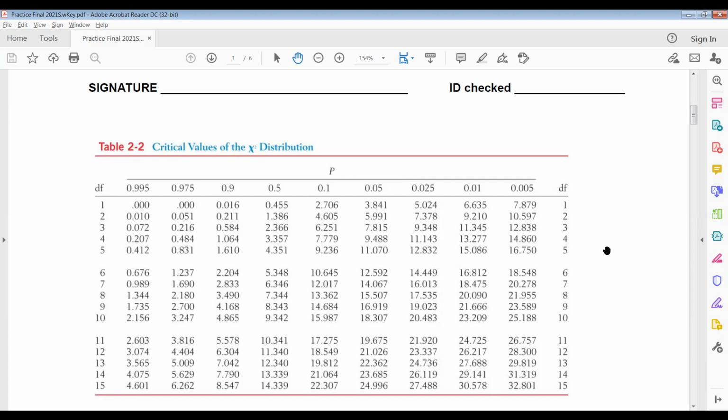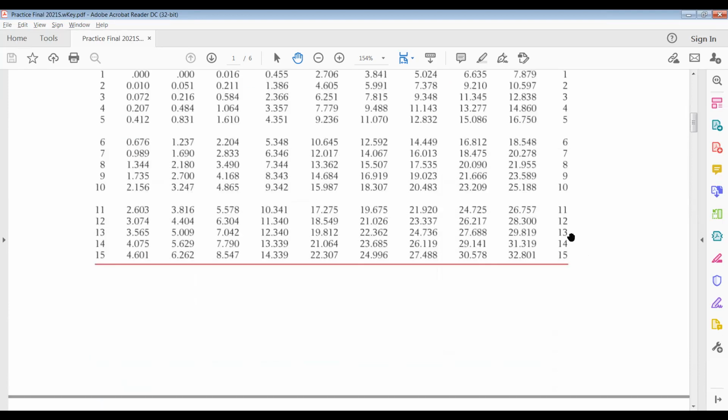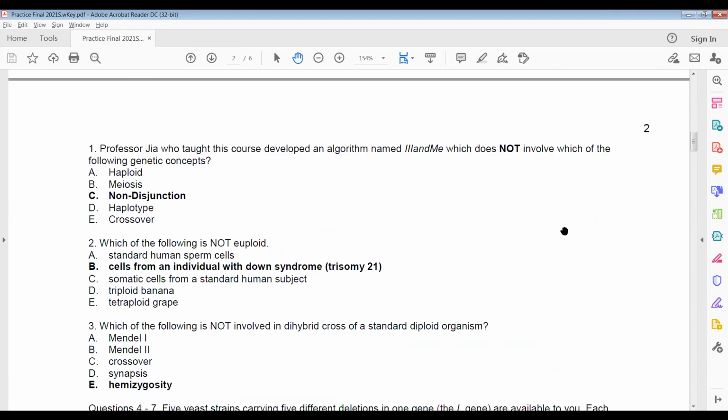We want to see if 2 genes are independently assorted, or in another way, we want to test if these 2 genes are linked or not. This is equivalent. We still need to know how to use this table to find the p-value, and then based on the p-value, we can make a conclusion for the hypothesis test.